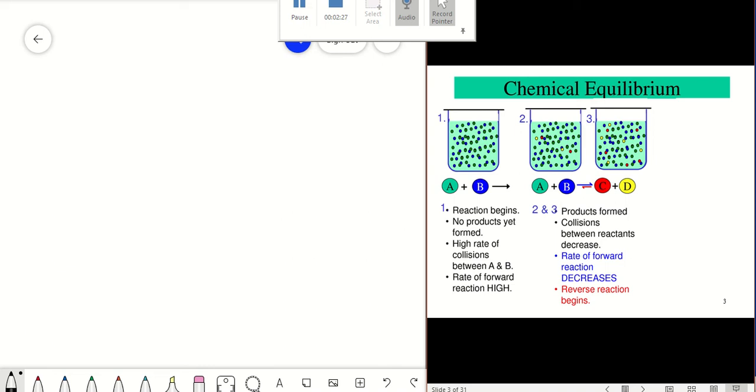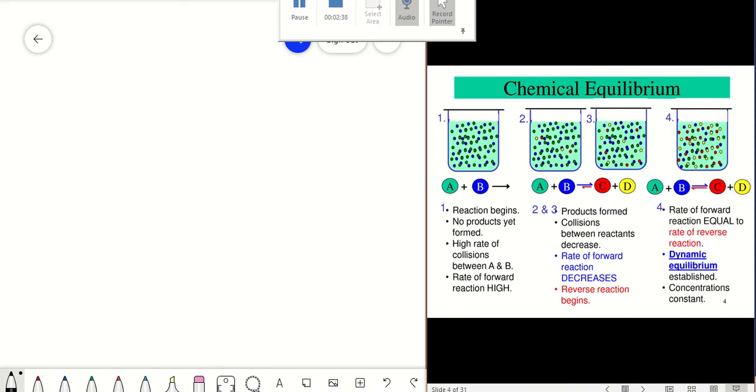So C and D concentration is going to increase, meaning the rate of reverse reaction is going to eventually increase with time. And after a certain period of time, the rate of the forward reaction is going to become equal to rate of the reverse reaction. And this time point is called the equilibrium. This state is called chemical equilibrium.